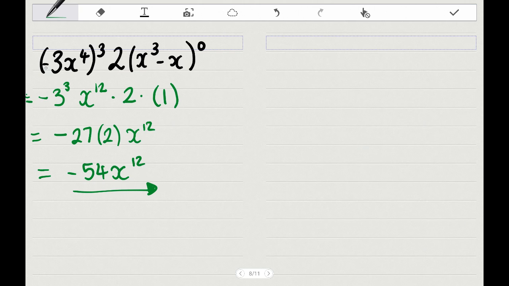How we deal with it for an odd exponent and an even exponent is different. So let's just write a note: a negative with an odd exponent is always negative.